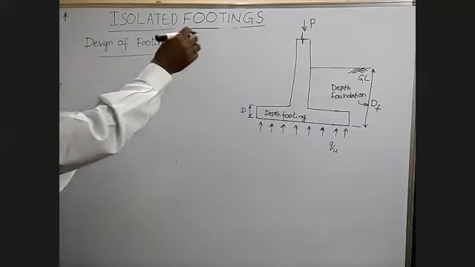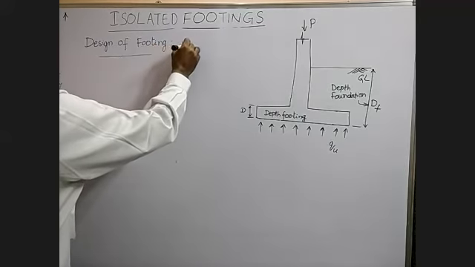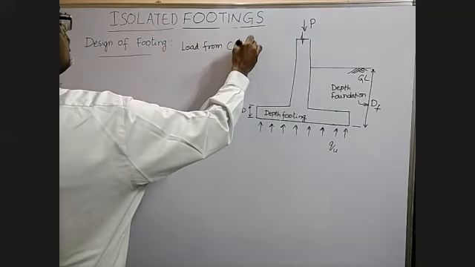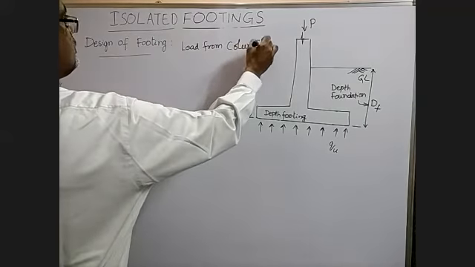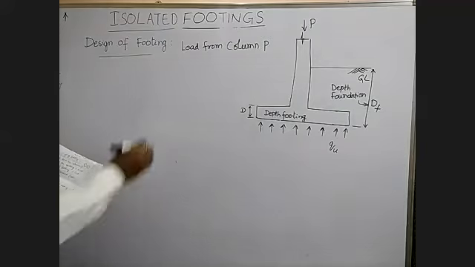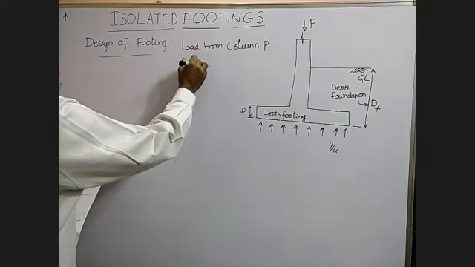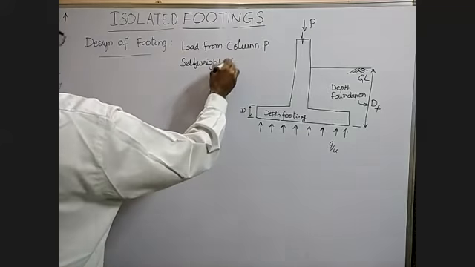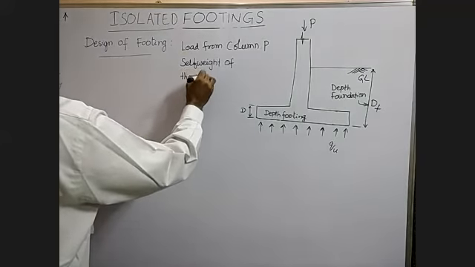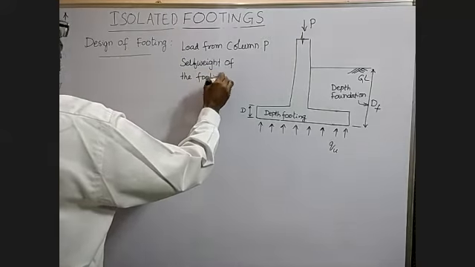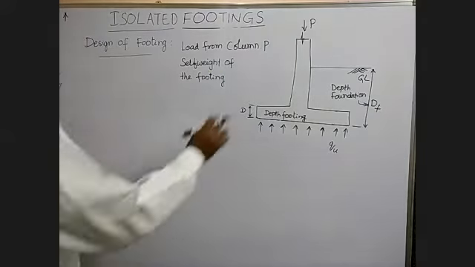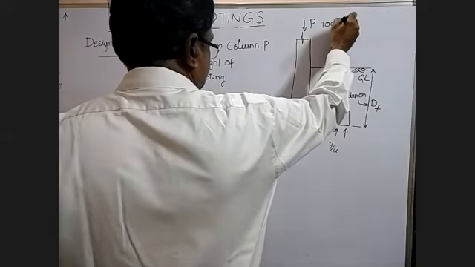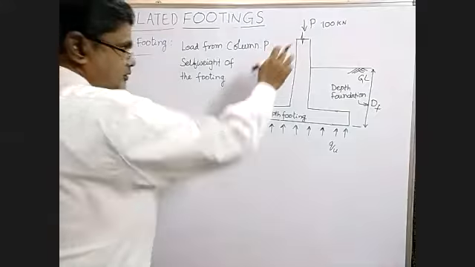Let us say the load coming from the column is P. And the self weight of the footing is, let us say this is 100 kilonewtons, 10% of that we have to add here.